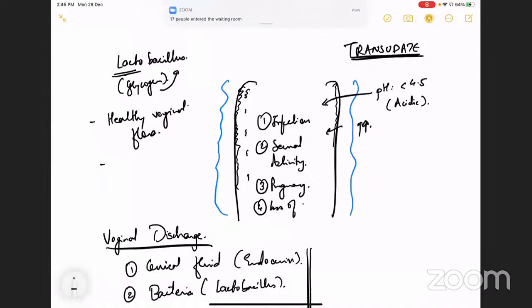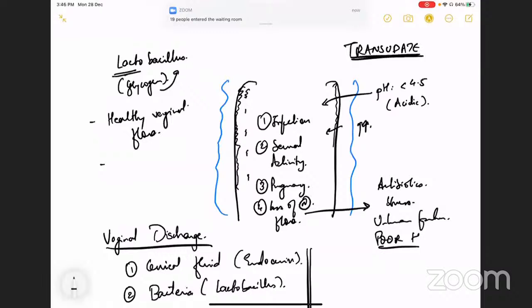loss of normal flora. Why does this happen? Normal flora can be lost in cases of heavy antibiotics, in cases of stress, due to unknown factors, and also due to poor hygiene.